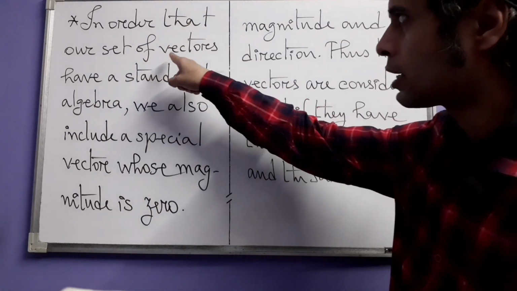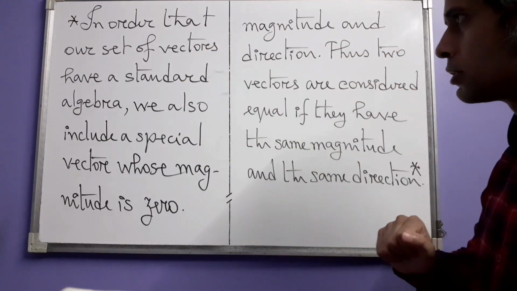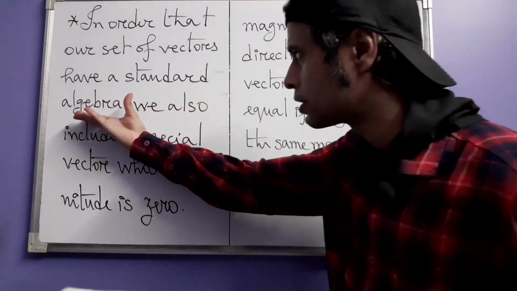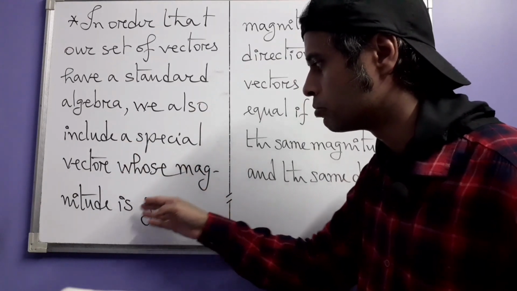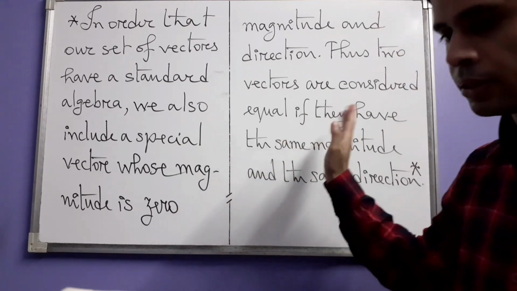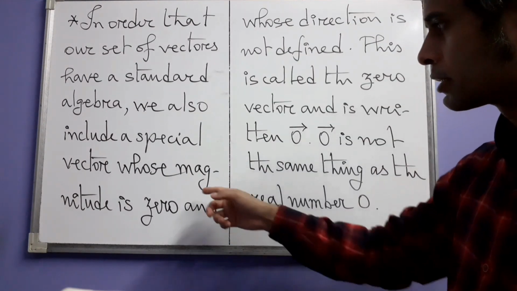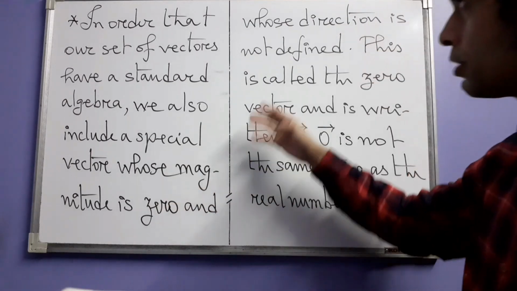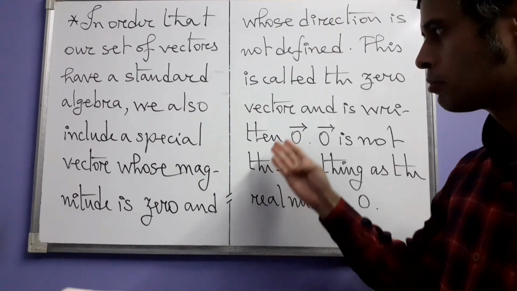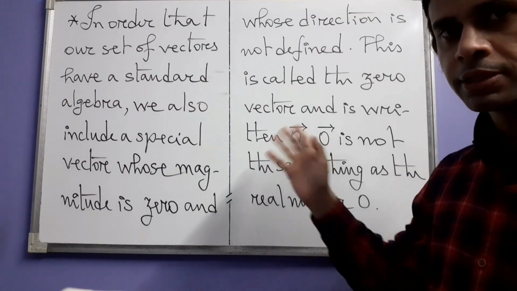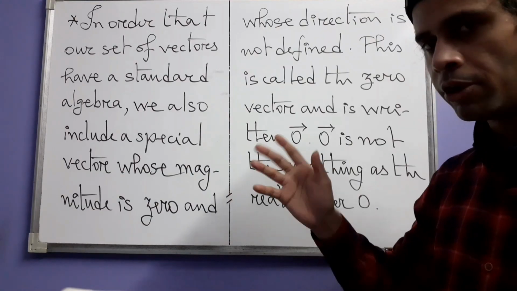In order that our set of vectors, not vector quantities, these abstract vectors, have a standard algebra, we also include a special vector whose magnitude is 0 and whose direction is not defined. By the definition that we saw just now, this is not exactly a vector.